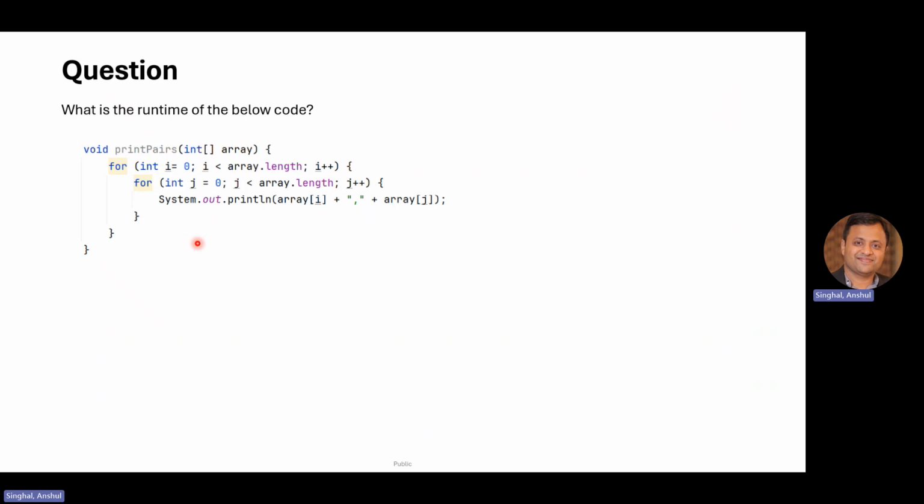We can also drop non-dominant terms, like if the time complexity comes out as order of n square plus order of n, then we will consider order of n square. We can just drop order of n because, as per our previous discussion, we should always focus on the tightest bound on the runtime.